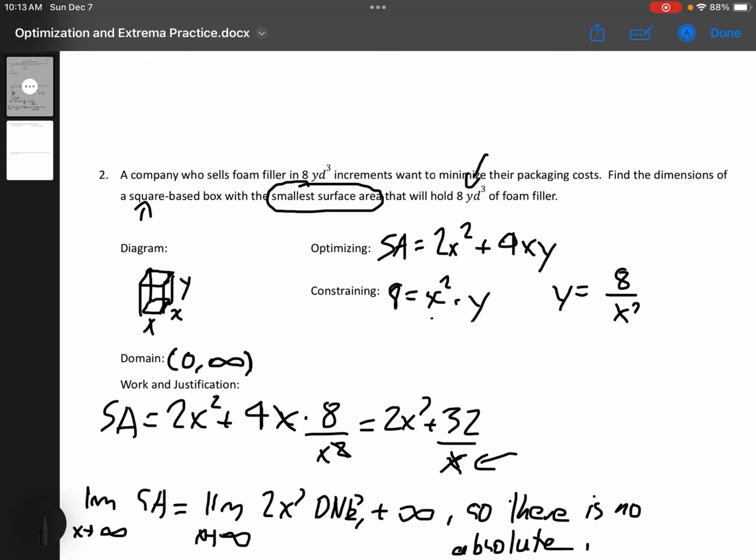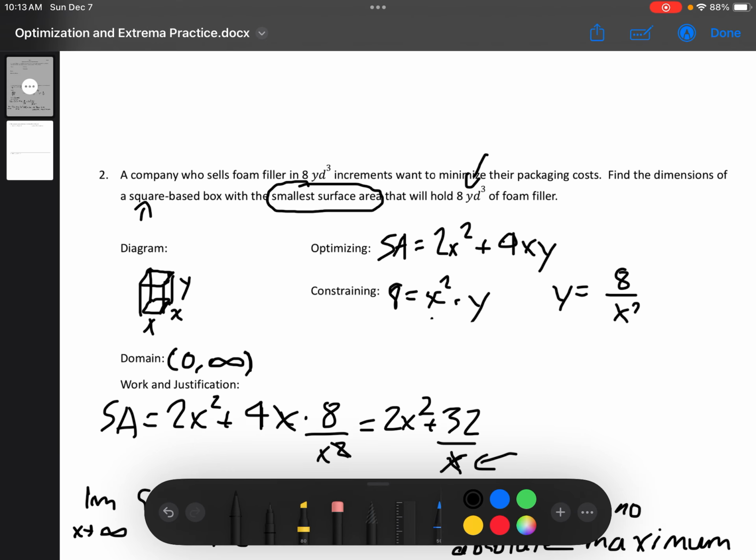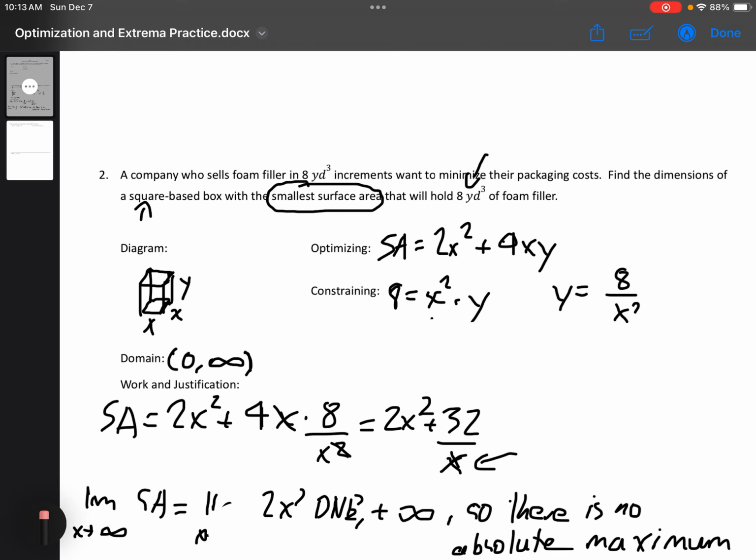So you would write, there is no absolute maximum. And you would see the same result for the limit as x approaches negative infinity, because you're squaring the x. It actually works out in our favor because we want to find the absolute minimum anyway, but you need to write there's no absolute maximum.